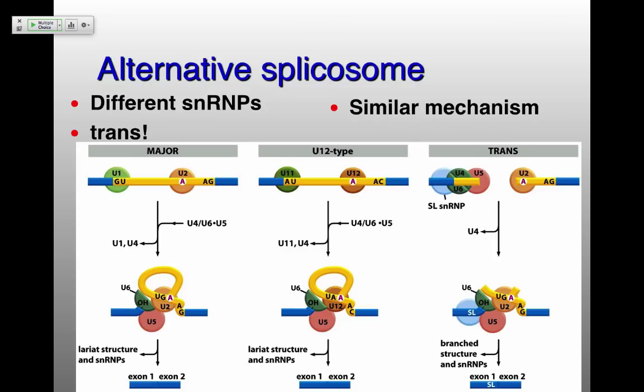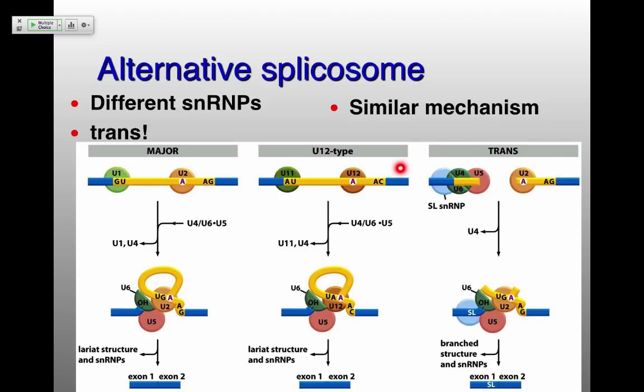U1 and U2, because they're the ones binding the branch point, 3' end, and 5' end of any given intron. So there are other RNAs, but the rest of the process is basically identical, which will bind to now different sequences at the 5' end over here.